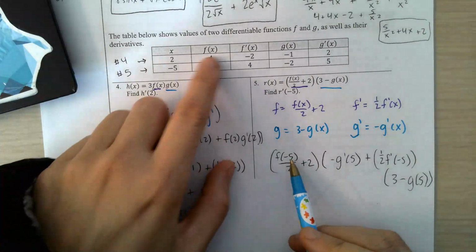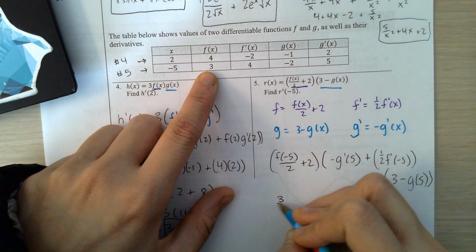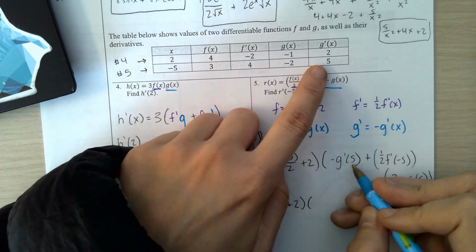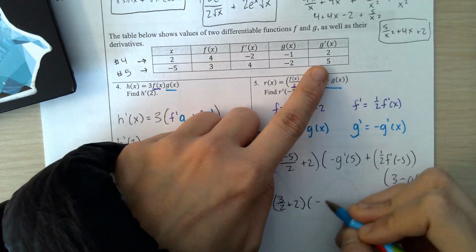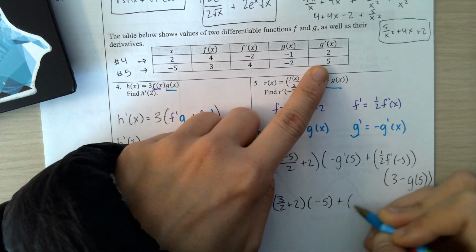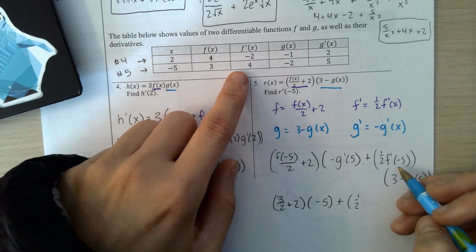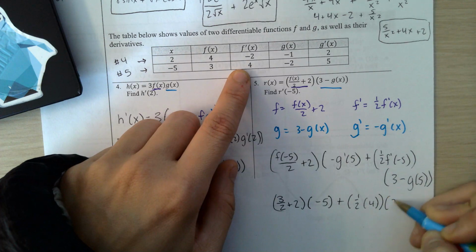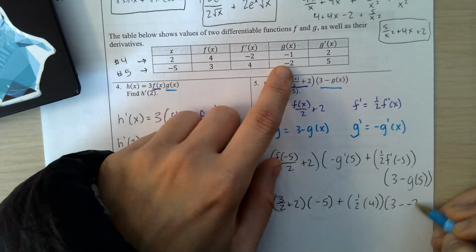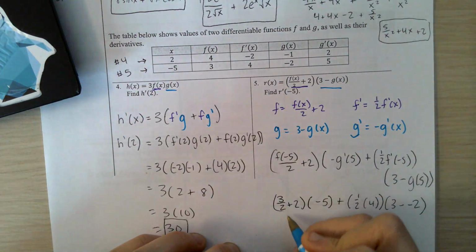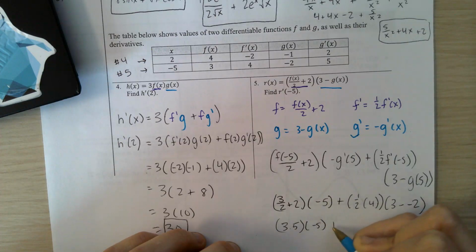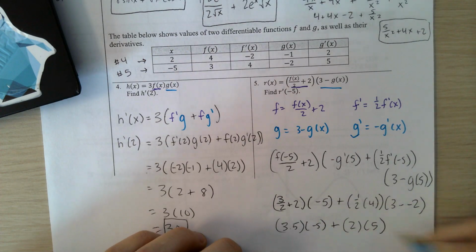So f of negative 5 is 3, so 3 over 2 plus 2. G prime of 5 is 5, so that's a negative in front of it. F prime of negative 5 is 4. 3 minus g of 5 is negative 2. So then we simplify: 1.5, 3.5, negative 5, plus 2, 5.